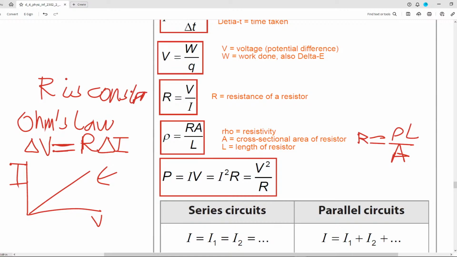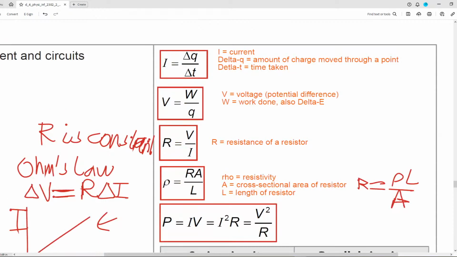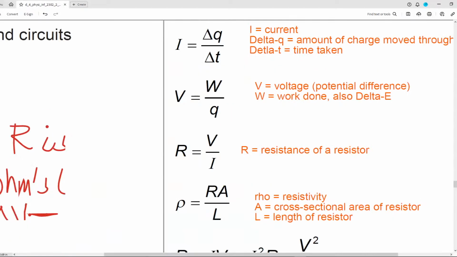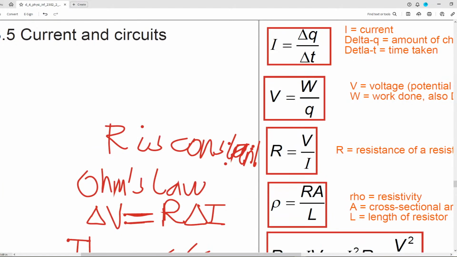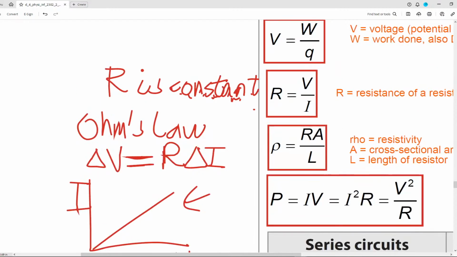It is not to be mistaken as the definition of resistance, because resistance is always equal to V over I. But if R is constant, then as I changes, V will change by the same factor. That's Ohm's law.